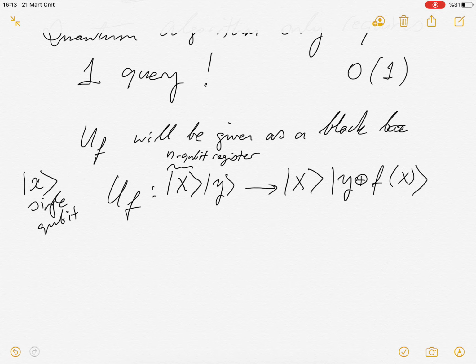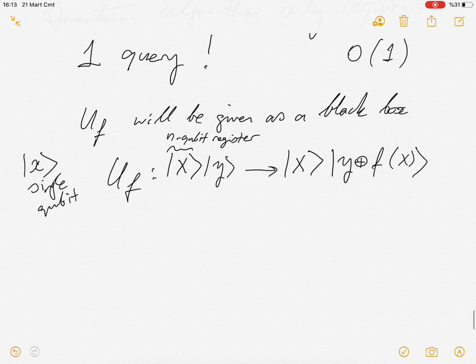The n-qubit register is the control and y is the target qubit here. So again, given such a unitary transformation Uf, as earlier, the minus phase superposition state (|0> minus |1>) over square root 2 is an eigenvector.